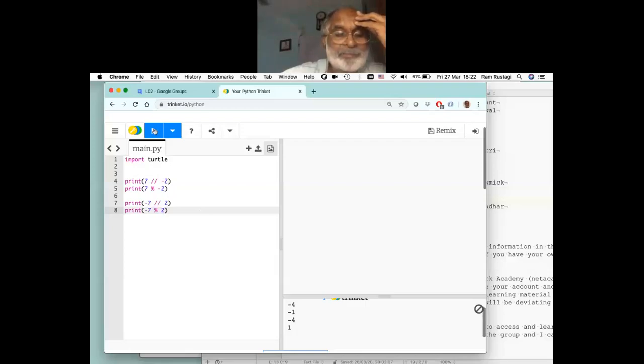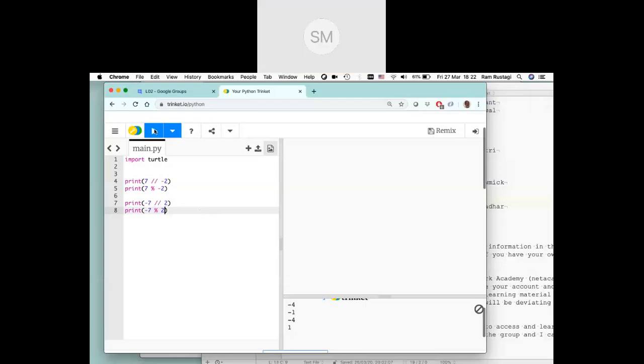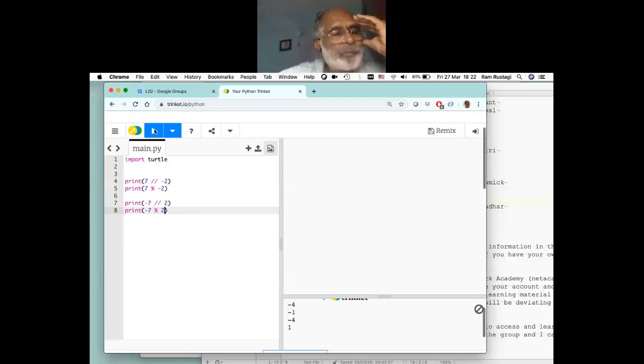So what is well defined is the division part. If the signs are not the same, if the dividend is positive and the divisor is negative, or the dividend is negative and the divisor is positive, my answer is negative.